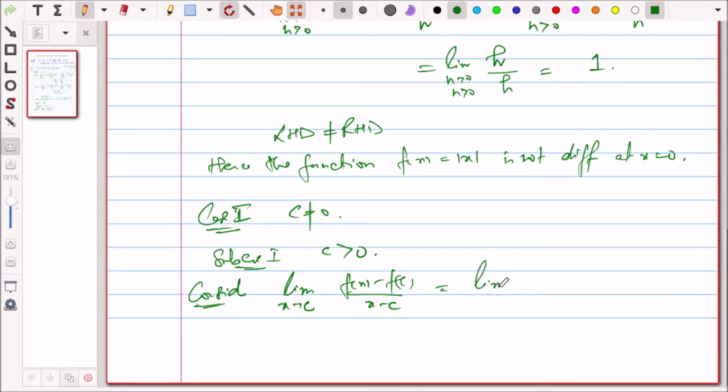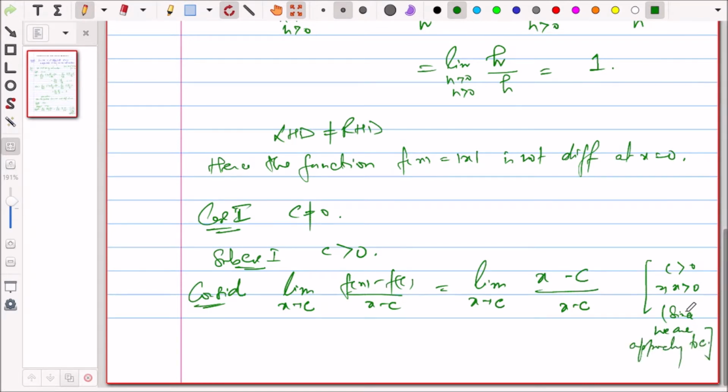This is limit x tends to c of x minus c upon x minus c. c positive implies x is positive, since we are approaching c, we are working in a very small neighborhood of c, so we can assume x is positive.